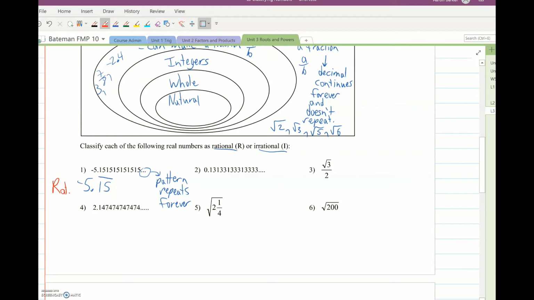Now, if you look at the next one, it would be 1.3333. Sorry, the pattern continues.